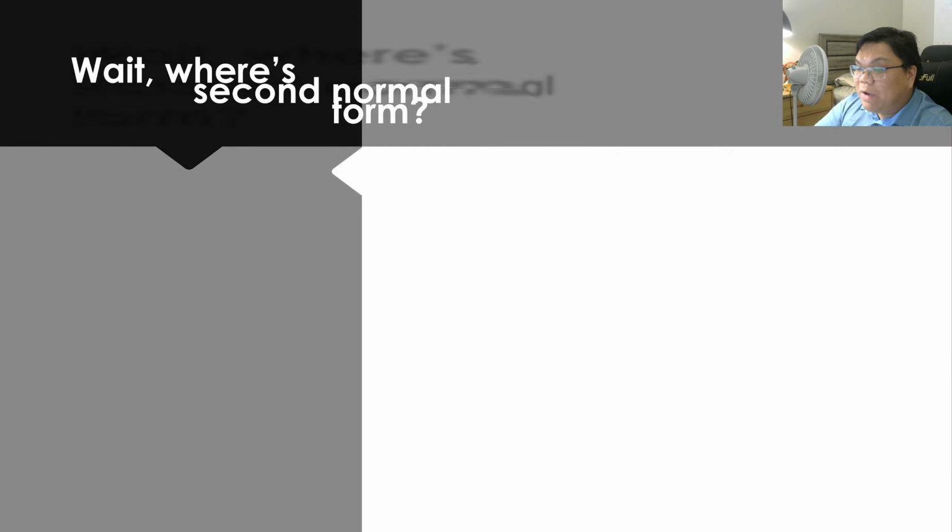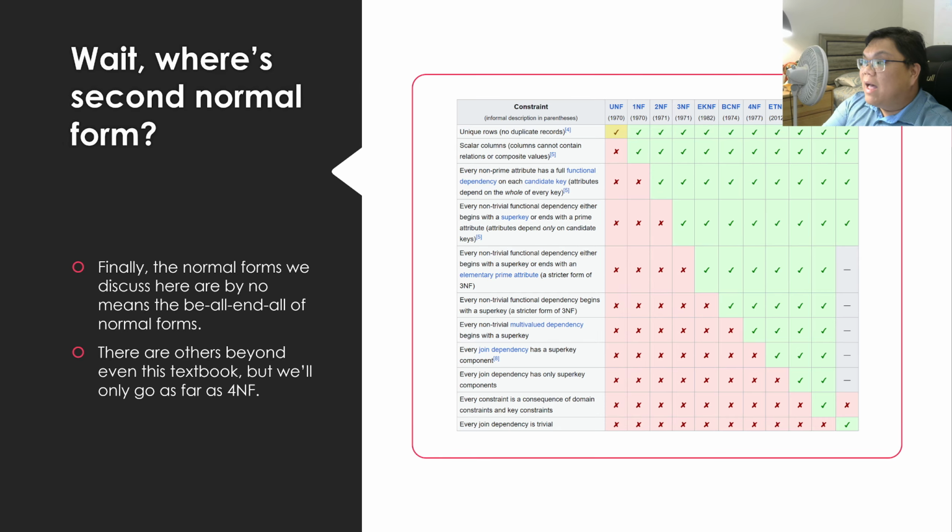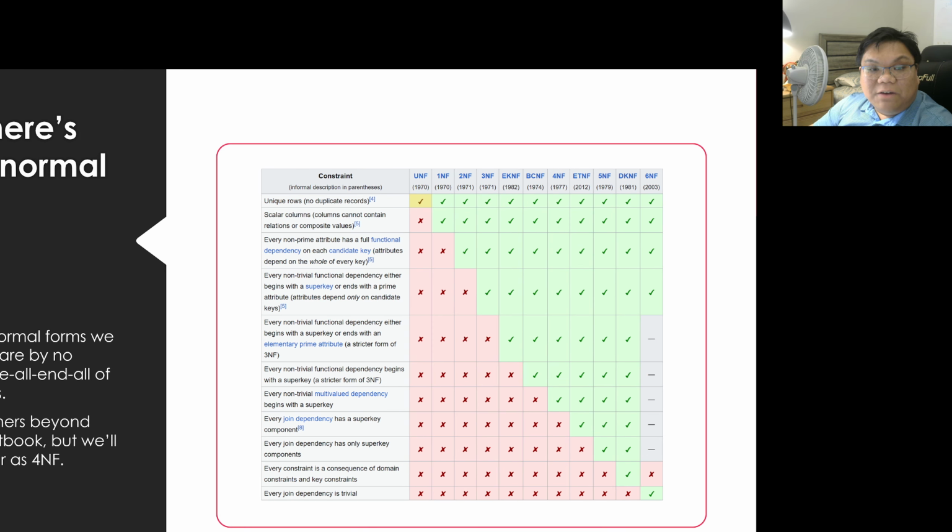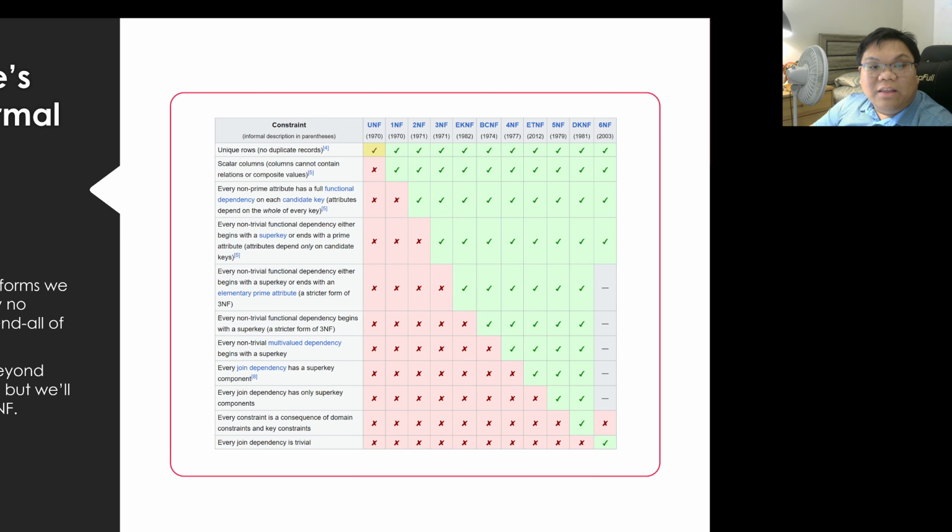By the way, there's about 10 different normal forms here. So, first normal form, second, third, EKNF, BCNF, 4NF, ETNF, 5NF, DKNF, and 6NF. We are not going to go through all of these normal forms. We're only ever going to go through a portion of these.